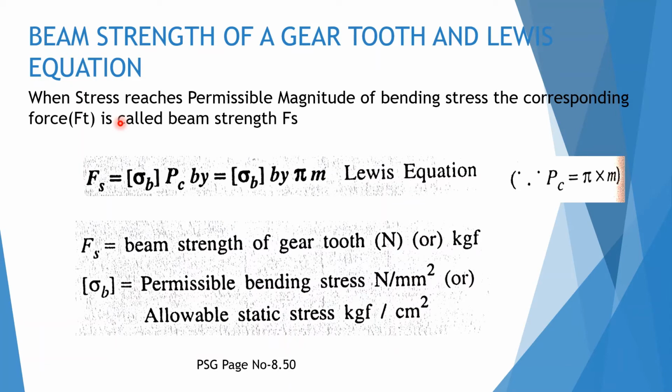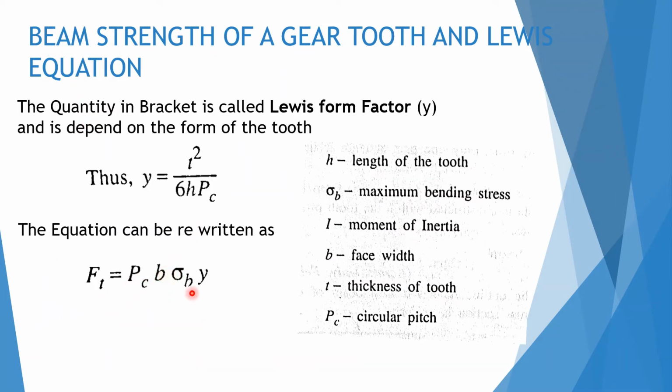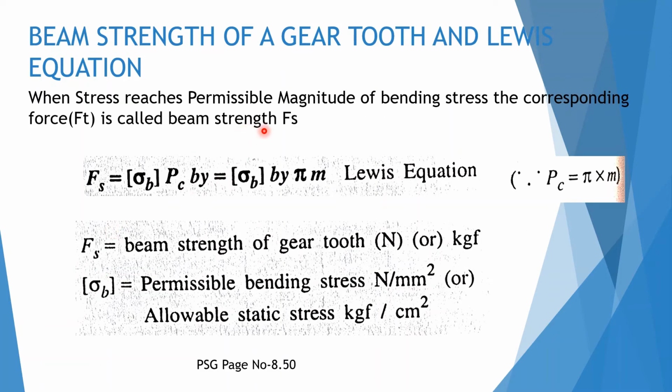And when the stress reaches the permissible magnitude, the bending stress corresponding to that force Ft, when this stress reaches the permissible value corresponding to that Ft, is known as beam strength, or it is represented as Fs. So Fs is equal to sigma b into Pc into B into Y, and that is equal to sigma b into B into Y into pi m.